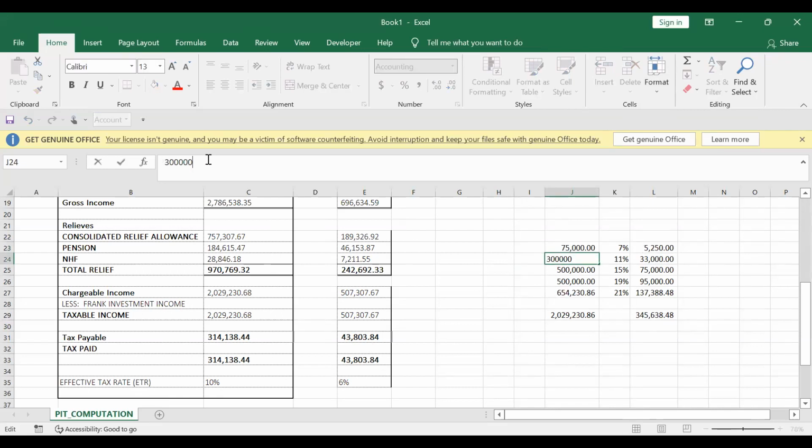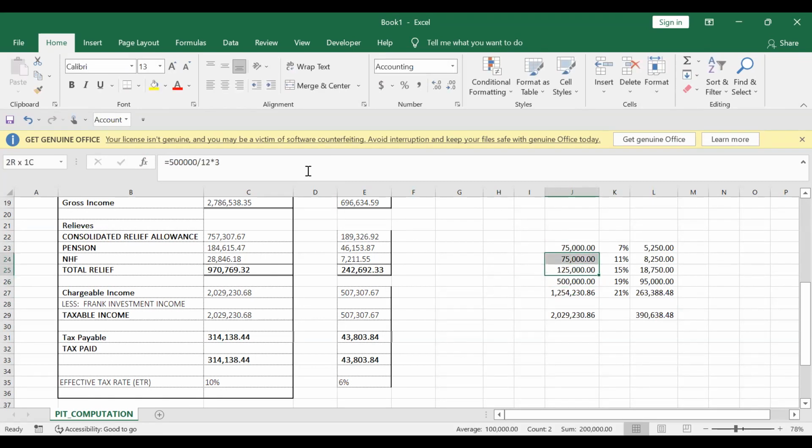I'm dividing the next one also by 12, multiplying by 3. Right? So if I had the first 75, it is still less than this 507. So I'll come to the next 500. I will divide by 12, multiply by 3.